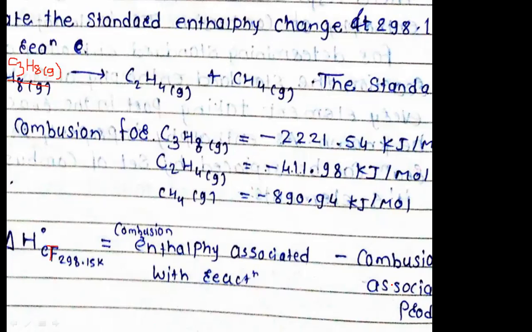If formation enthalpies are given, then it is enthalpy associated with products minus enthalpy associated with reactants. If combustion enthalpies are given, we use reactant minus product. Everybody understand? Please mention in chat box.